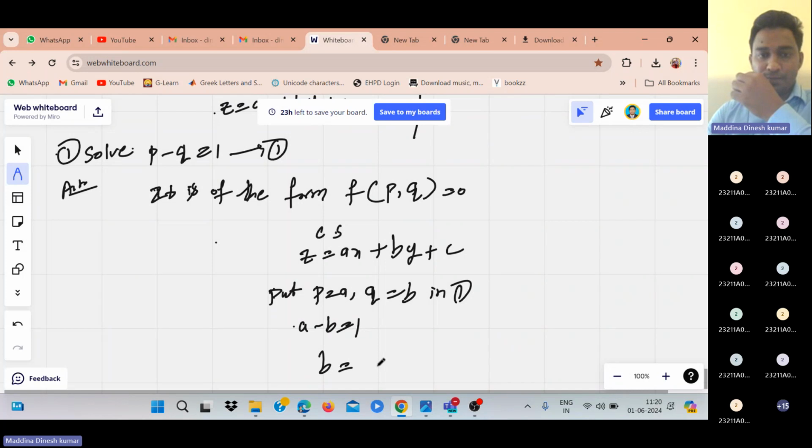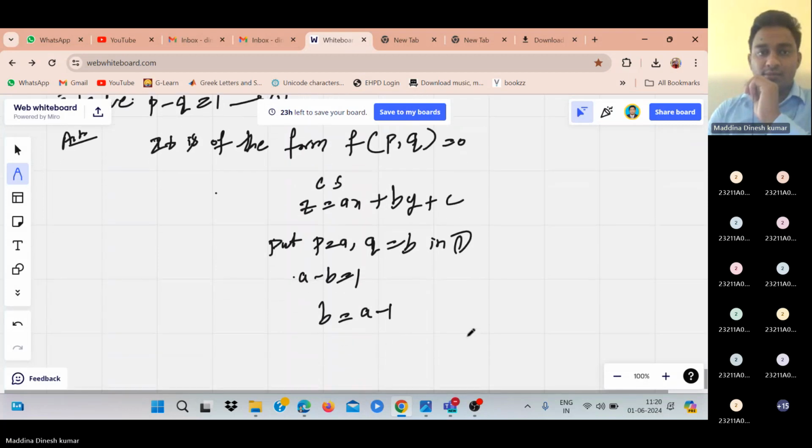Therefore, b equal to a minus 1. So z will become z equal to ax plus, in place of b we write a minus 1, so (a minus 1) y plus c.